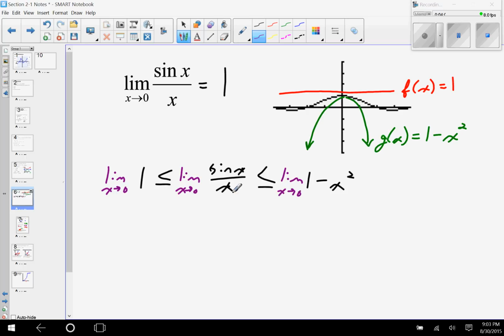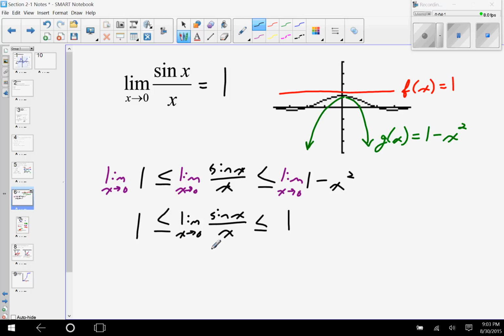Now, I don't know what that is in the middle, because that's what I'm looking for. However, for the limit as x approaches 0 of 1, well, that's one of our properties, which you should have just watched the video on. So that's 1. And the limit as x approaches 0 of 1 minus x squared, I can do substitution on. I stick 0 in for x, and I also get 1.